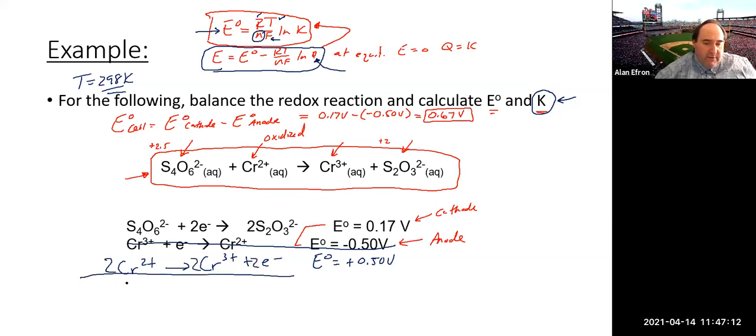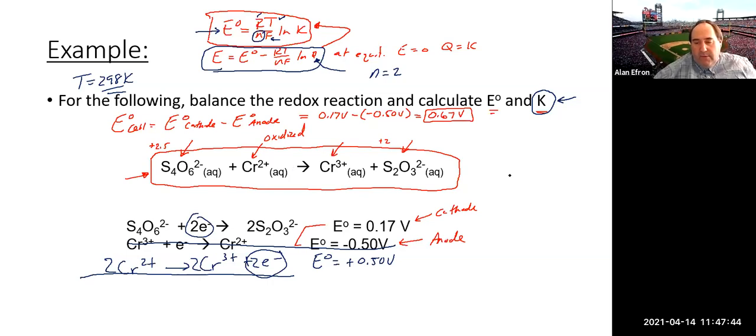And obviously, that will give us our overall reaction that's balanced in this case. So 2 is going to be really our N here. Remember, N is the number of moles of electrons, not the total if you add both half reactions. Again, it's really the balanced number of electrons going from the anode to the cathode. So it's the same number of electrons going across the wire to the other side. So that at that point should give us everything we need.